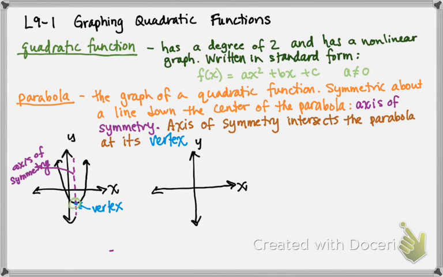Now, because our vertex is at the bottom, it is called a minimum, and that's the lowest y value for your parabola.